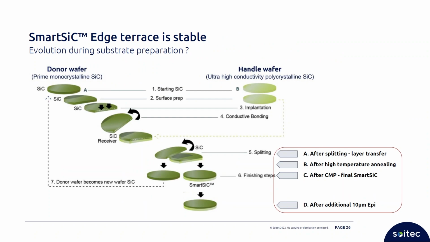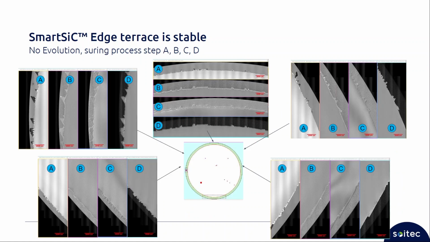One question we also have is how does the edge trace change during the process? It's stable. Here I share some pictures of the edge trace after the different processes in the line and during the epitaxy, somewhere in the edge separation.